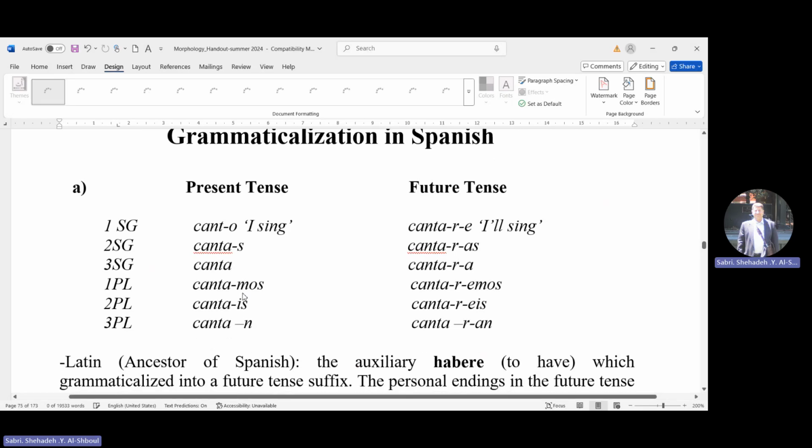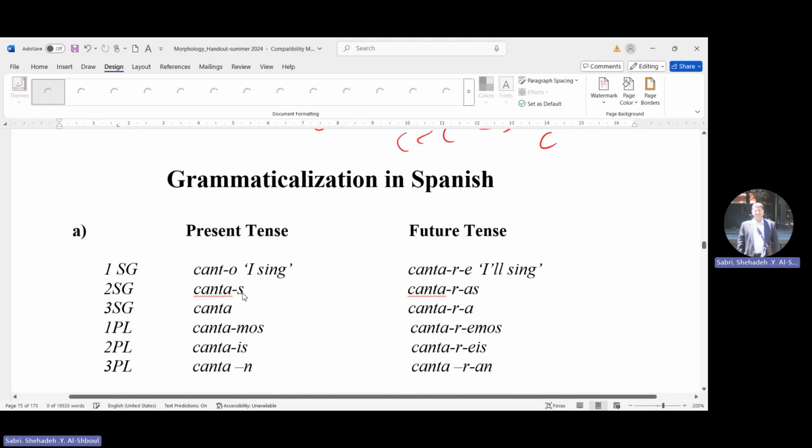Another piece of evidence for grammaticalization is what we see in Spanish. As we all know, Spanish is a kind of descendant of Latin, right? Spanish is a highly inflectional language. It is sensitive to case marking, to gender marking, and so on and so forth. And it also happens that Spanish loves grammaticalization.